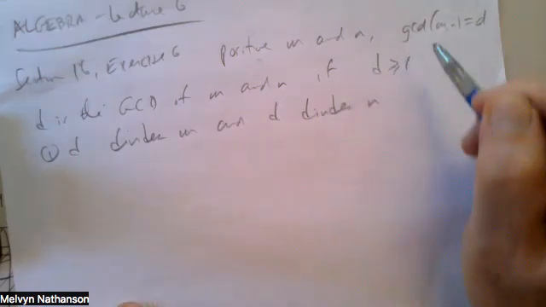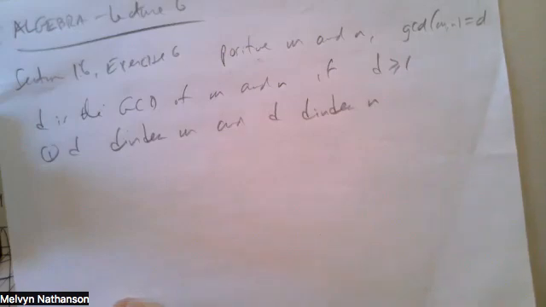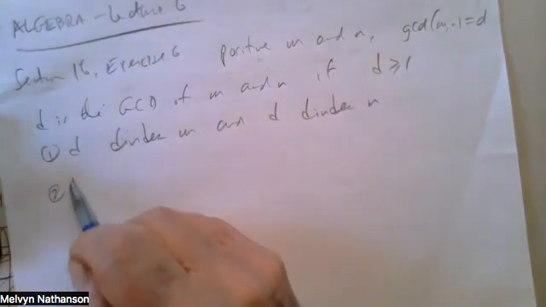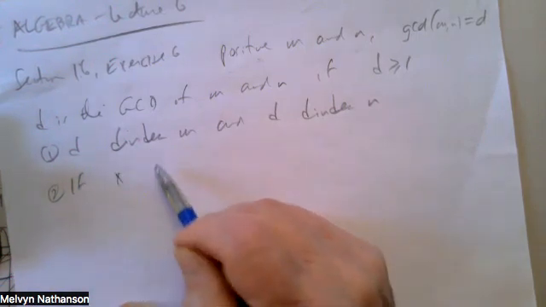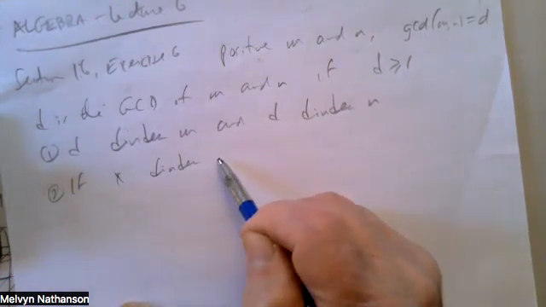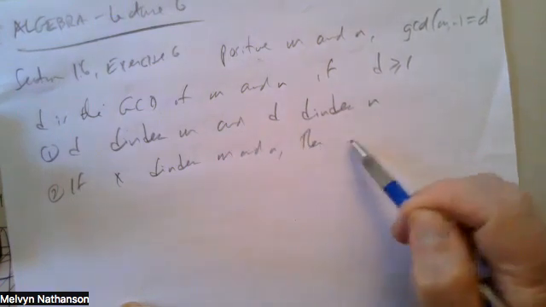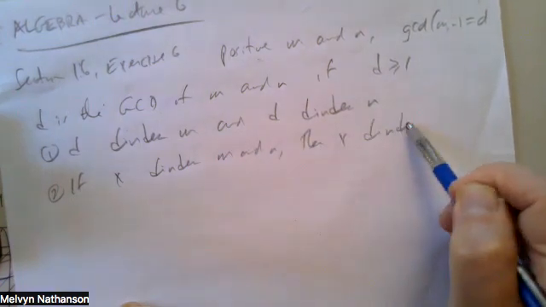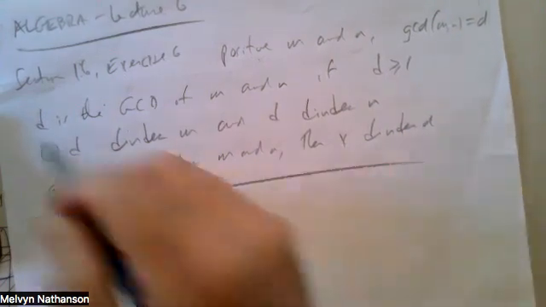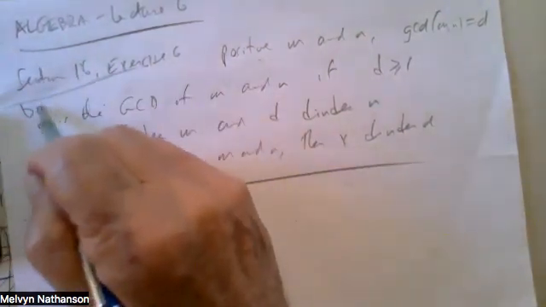And also we want it to be a natural number, a positive integer. So we take the positive integer d, it divides both m and n, and if x divides m and n, then x divides d. So this is the definition.